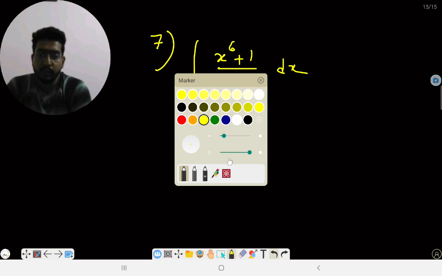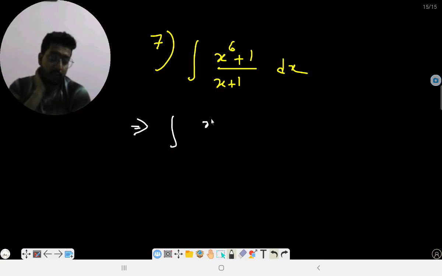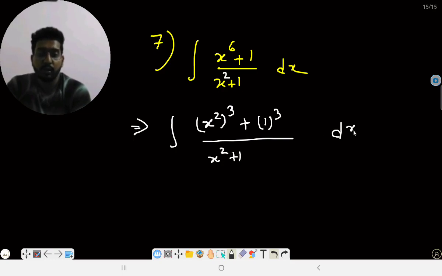First of all, we know there is an algebra formula. So what is the formula? First, x to the power 6 can be written as x square whole cube. So x square whole to the power 3 plus 1 cube, and here it is given x square plus 1 dx.